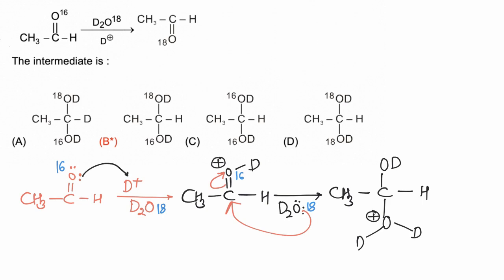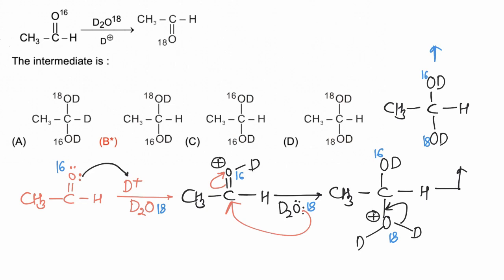To release its positive charge, it will release a D positive ion, and after removal of the D positive ion, it will be converted to CH3C, OD, OD, H. Now this is oxygen 16 and this is oxygen 18.